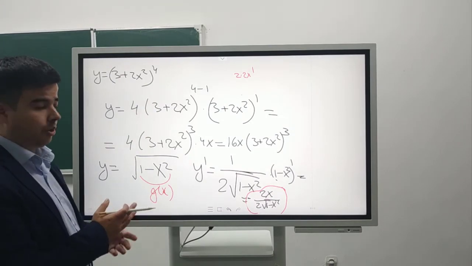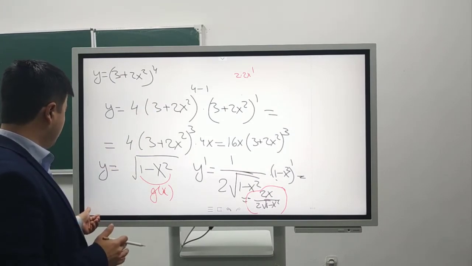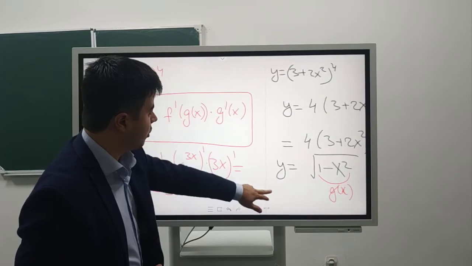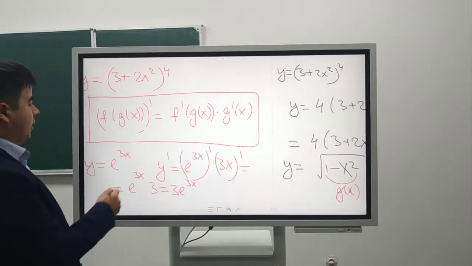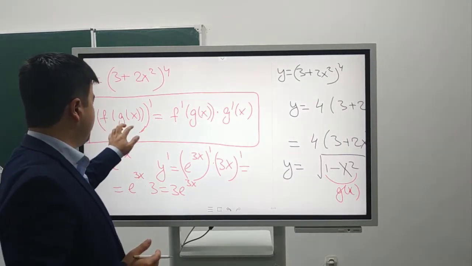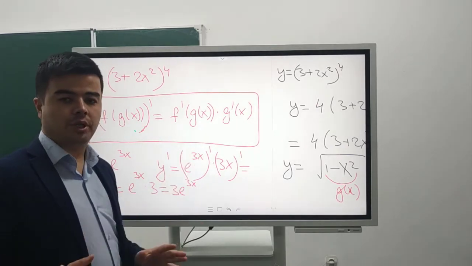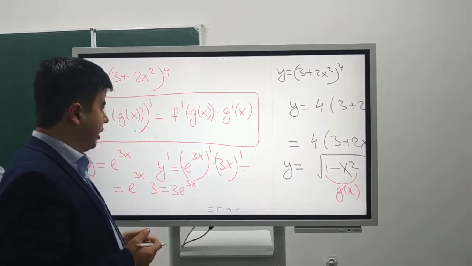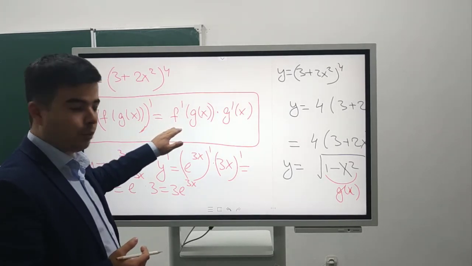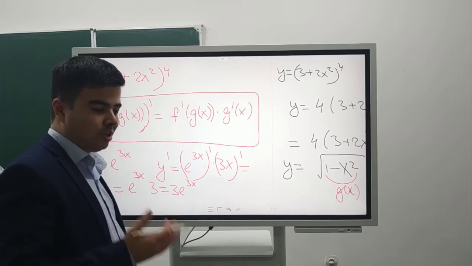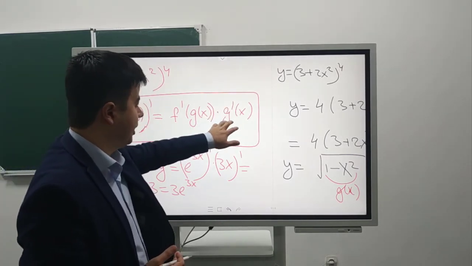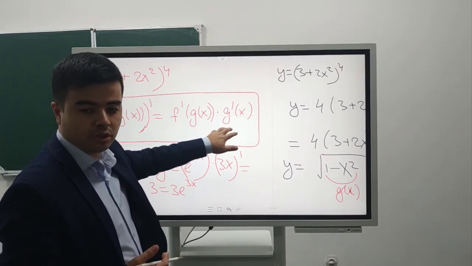I think it's clear with composite functions. So again, one more time, I will remind you. If we find the derivative of a composite of two functions, f and g, we need to take this g of x as the argument of the first function and find the derivative of f with argument g, and then multiply by the derivative of this argument also, because this g of x also depends on x.